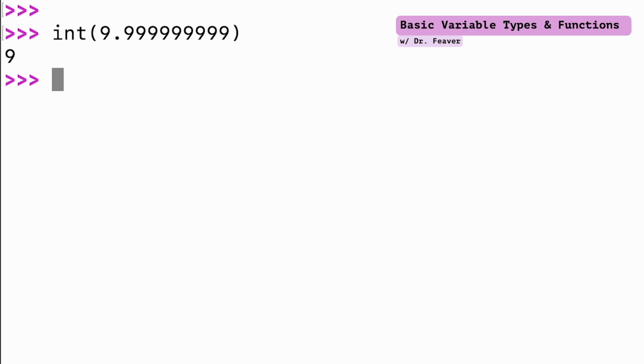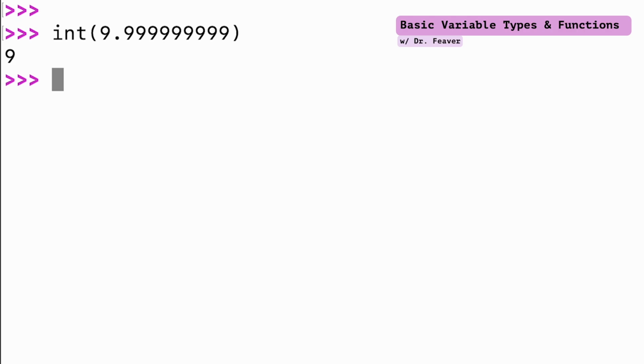This can be useful because sometimes we want to guarantee that something's an integer. So maybe we want to figure out how many participants were in a race or something, and somehow because of rounding errors, the result ends up being like 9.00001, and we don't want that because you can't have 0.00001 of a person.